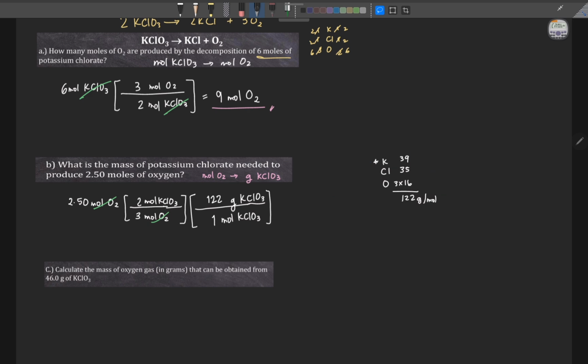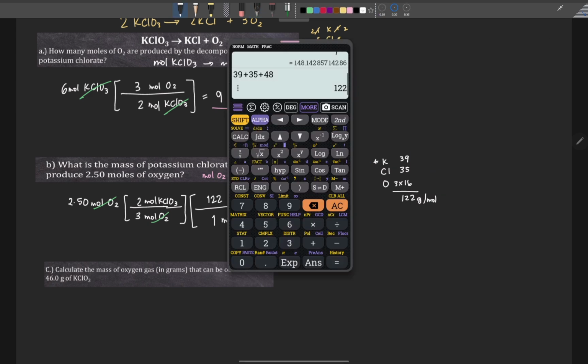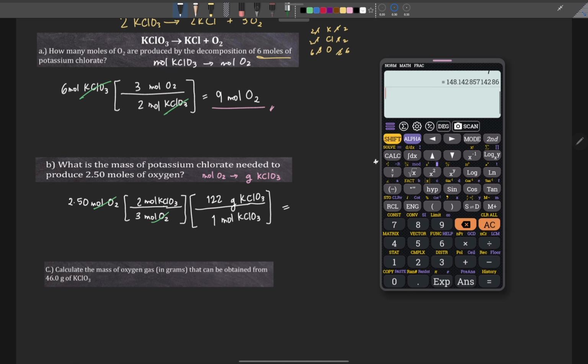Okay, so that will be equal to 2.5 times 2 times 122 divided by 3 times 1.